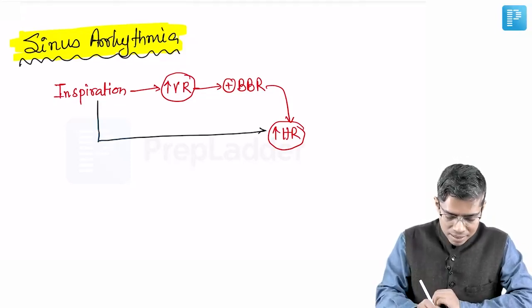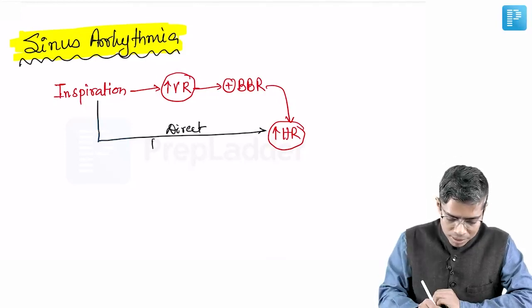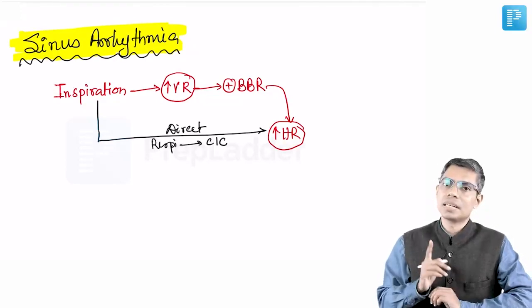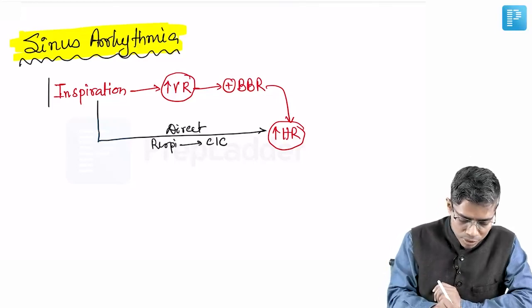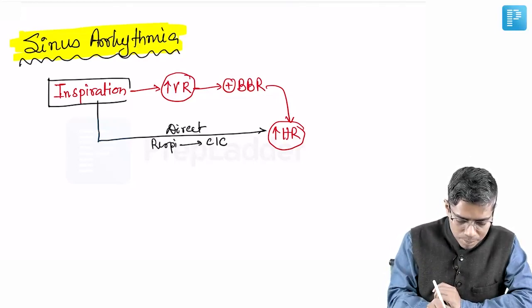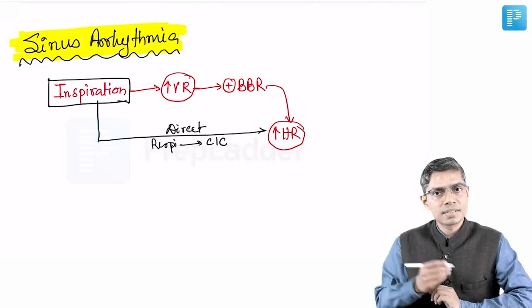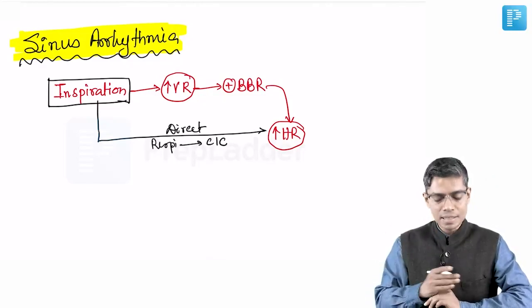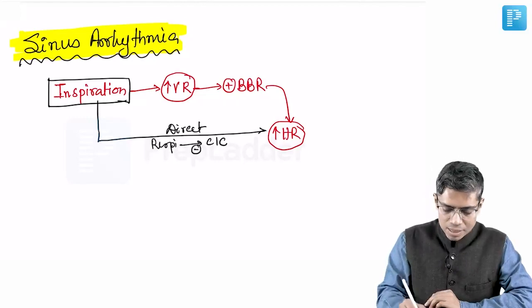So there is a direct pathway from the respiratory center to the cardio-inhibitory center, that also causes increase in heart rate. So two causes so far: during inspiration Bainbridge reflex is activated, increasing the heart rate, and the direct pathway from respiratory center inhibits the CIC, and that's why heart rate is also increased.